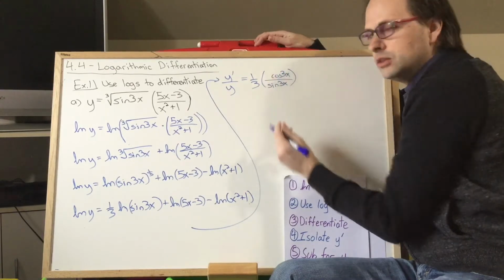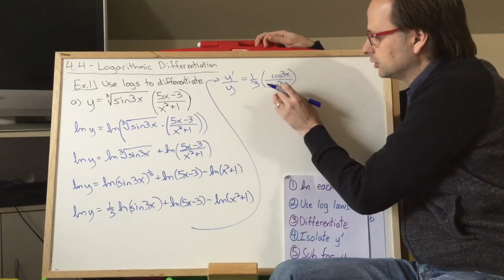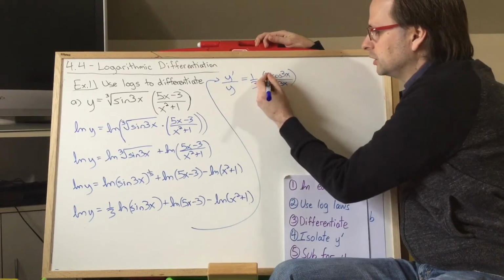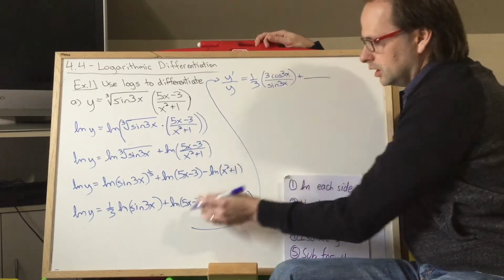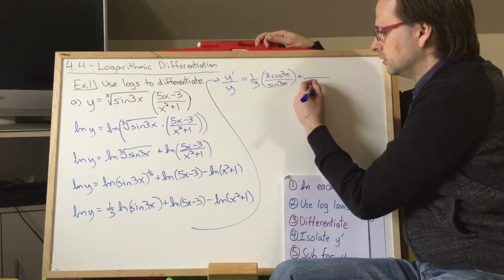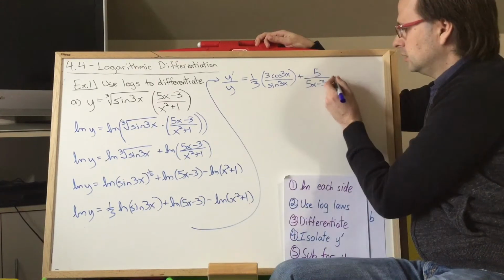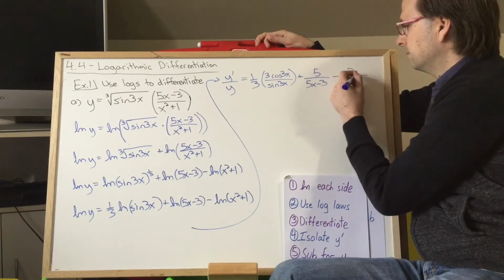It has a little chain, though, that the log laws don't break. So sine 3x, sine turns into cosine. The derivative of 3x is 3 from the chain rule. There we go. All right, next one. Original on the bottom, derivative on the top. And lastly, original on the bottom, derivative on the top.